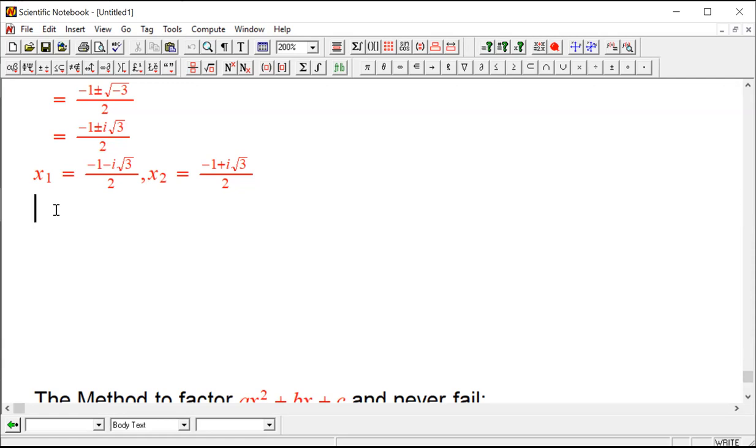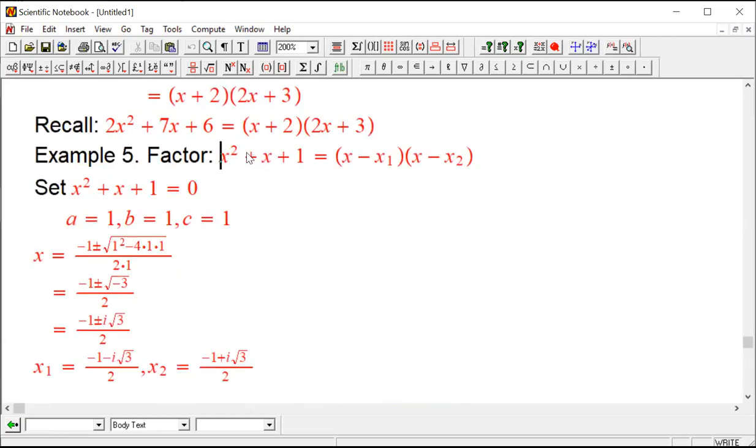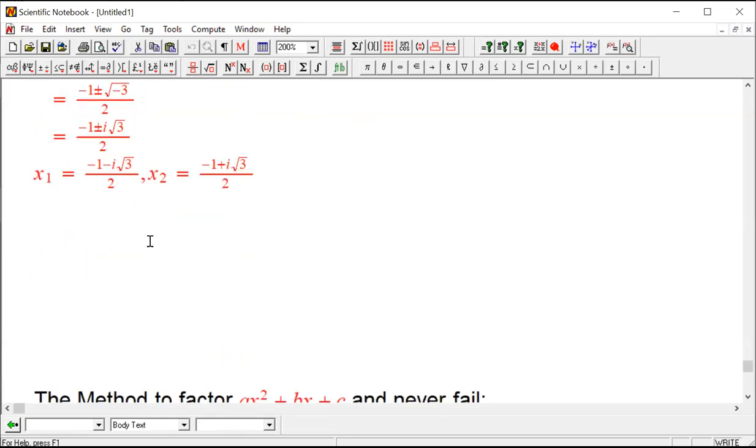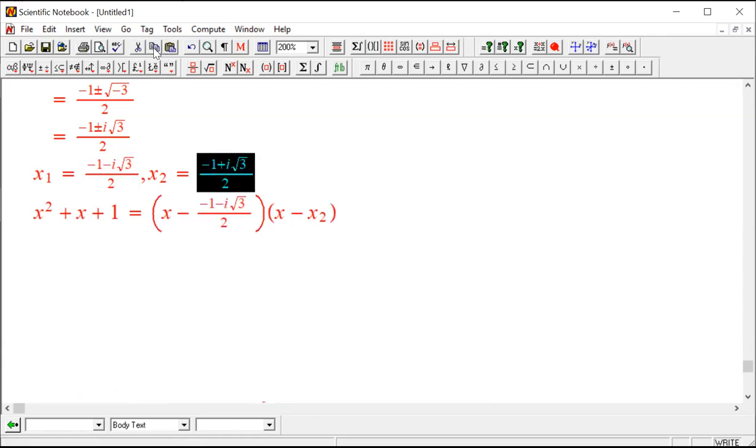Now it's time to put it back in and get our factors right here. x sub 1 is this piece, and x sub 2 is that piece.